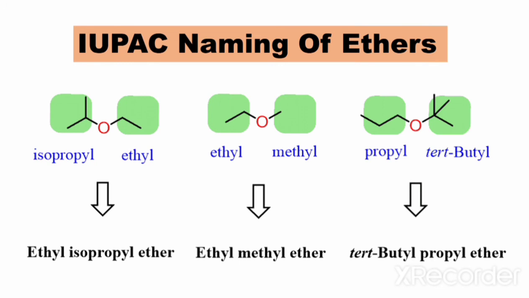And in the other example, the oxygen has a propyl group and a tertiary butyl group. So we will name it as tertiary butyl propyl ether. So these were the IUPAC naming and nomenclature of ethers, and there are some basic rules to name the ether.